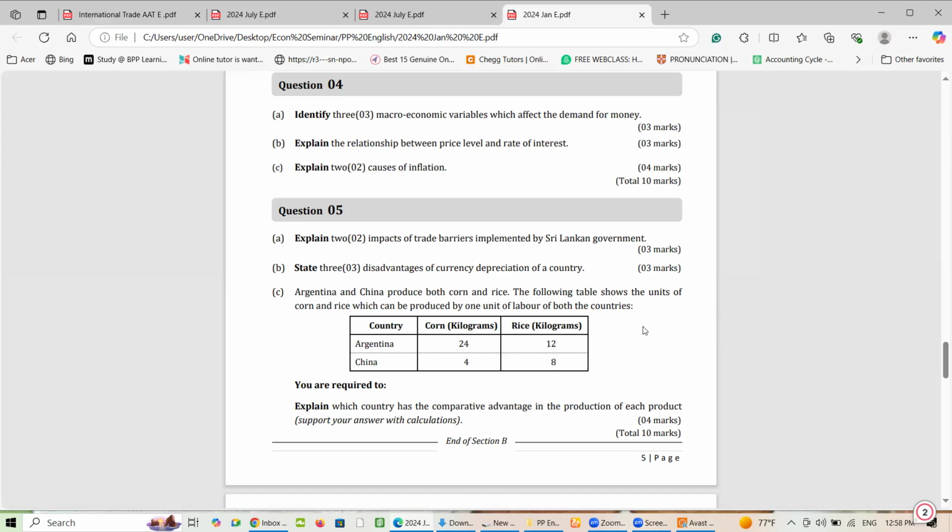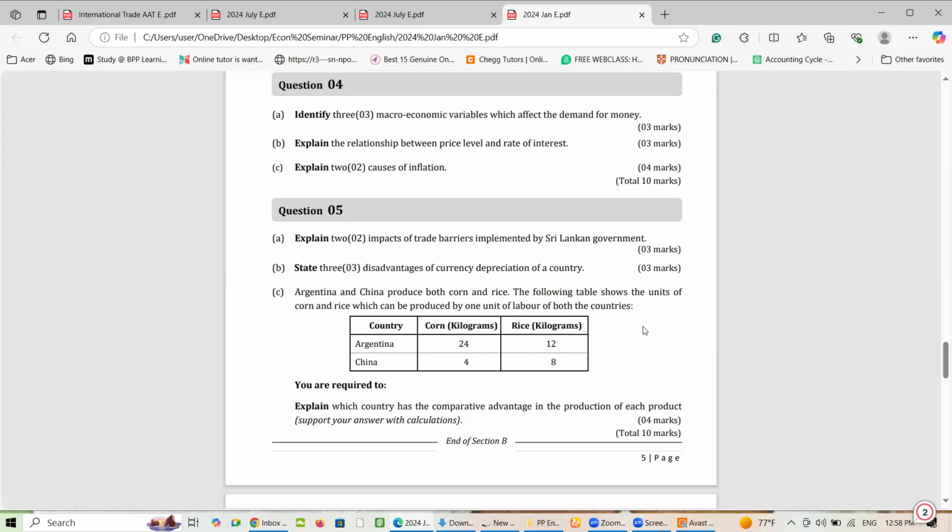Now, according to this past paper question, Argentina has absolute advantage for both products. How about China? China doesn't have absolute advantage. So according to this information, China doesn't involve in international trade. Why?